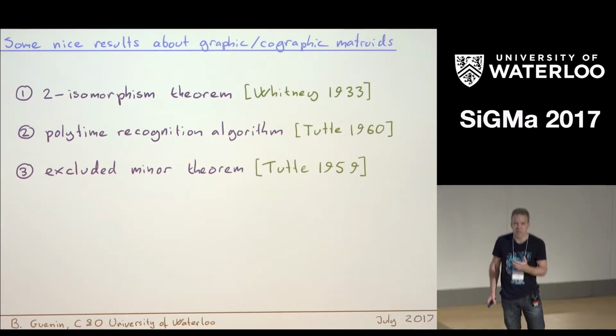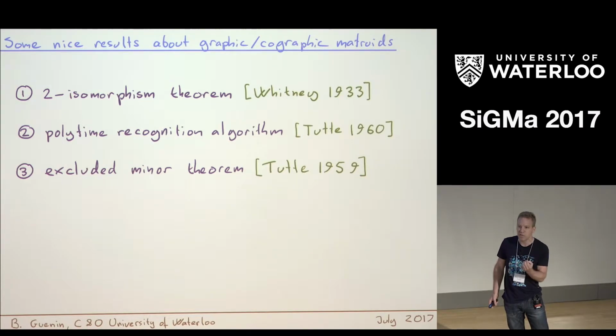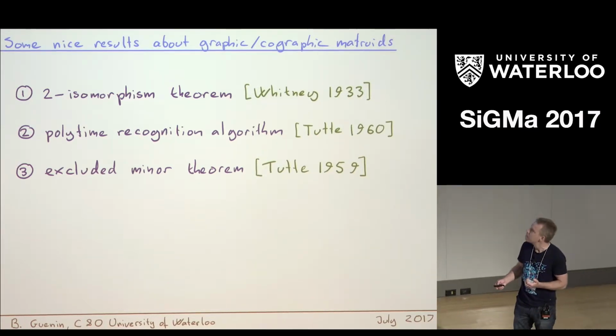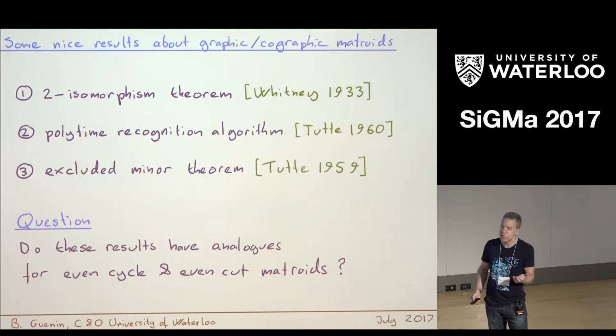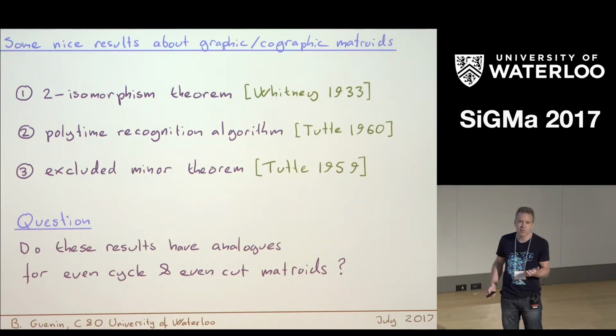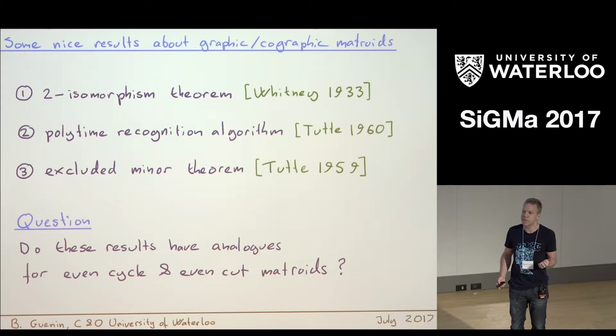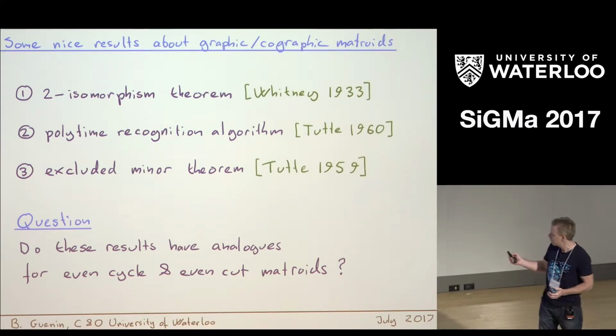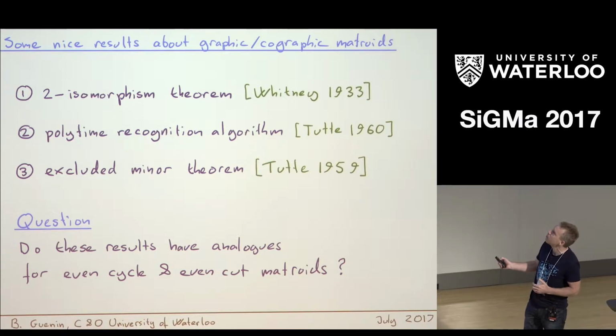All right, so even cycle matroids and even cut matroids are very closely related to graphic matroids and cographic matroids. They are just lifts of those matroids. So you could say, okay, let's look at the nice results we have about graphic matroids. How hard can it be to generalize those to even cycle and even cut matroids? In particular, I want to look at three results about graphic and cographic matroids.